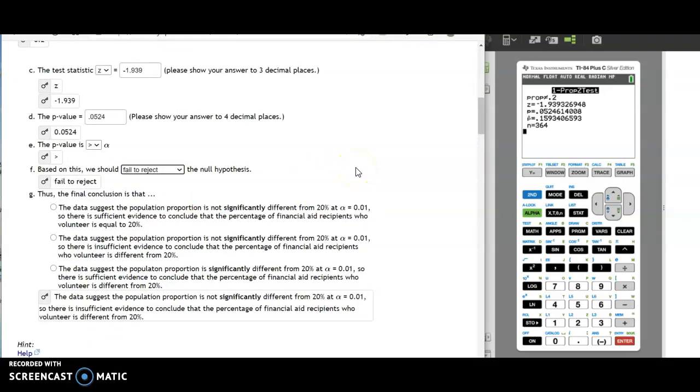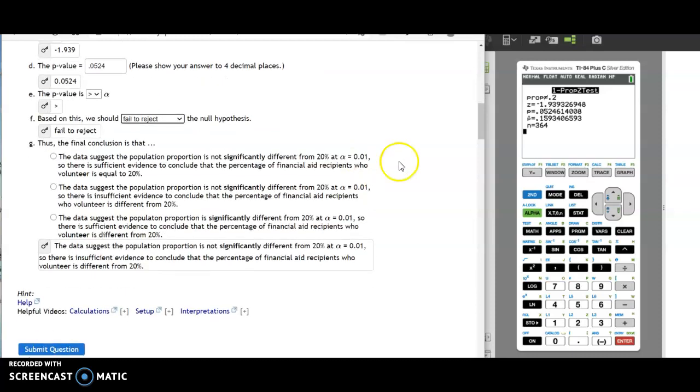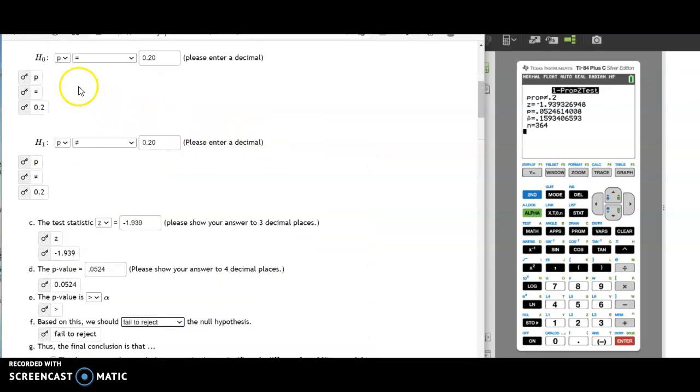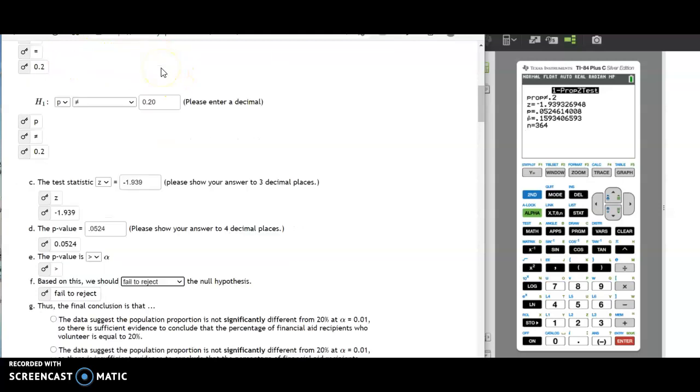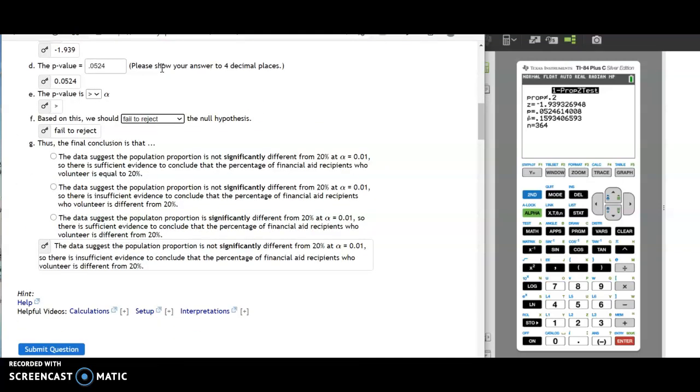And then the final step is the conclusion. Since we fail to reject the null, I go back up here. If we fail to reject it, we fail to throw it away. That means we are going to keep and believe this initial idea here. So we believe that P is 20%. There's no reason to reject that idea. Any issues so far?